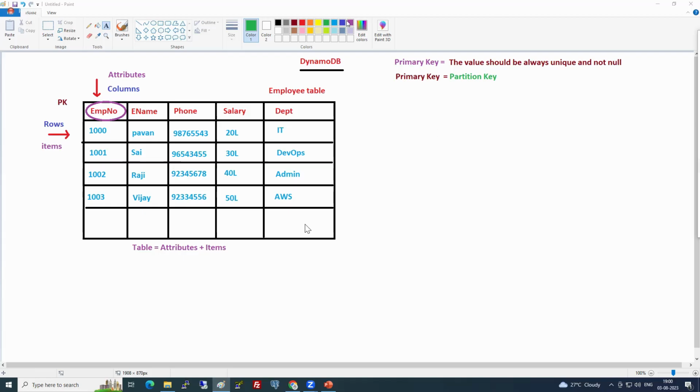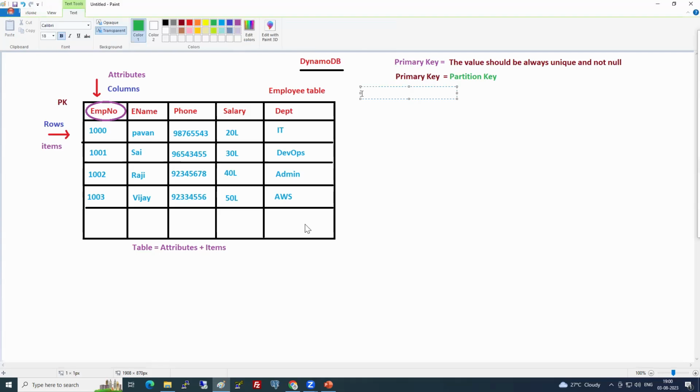So I'll write it here. In DynamoDB, initially, you can create a table with a single column, and that should be the primary key. Primary key and partition key, are they same or different? Same.